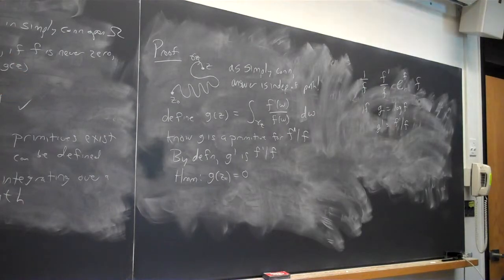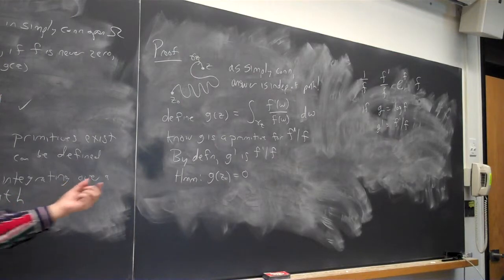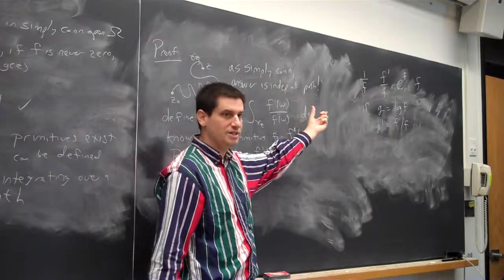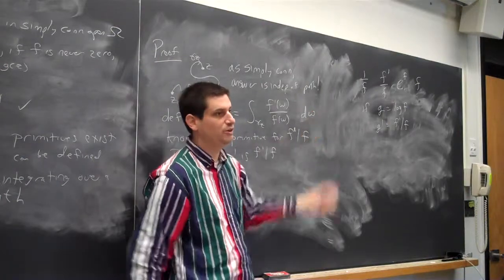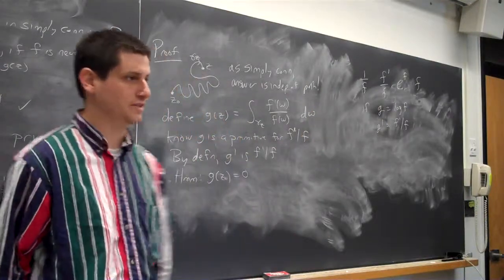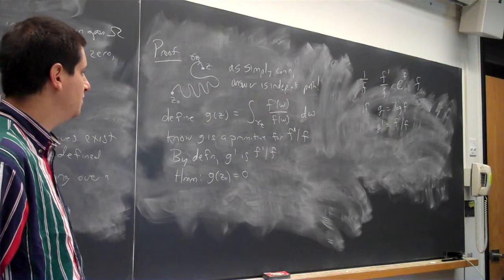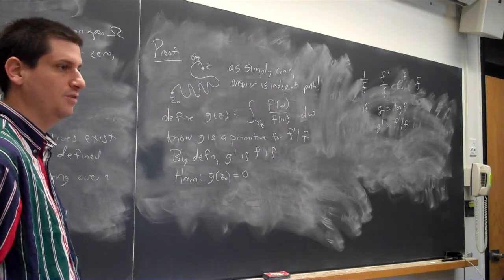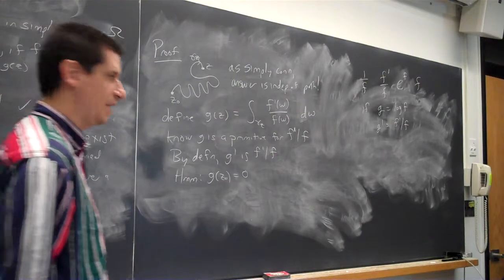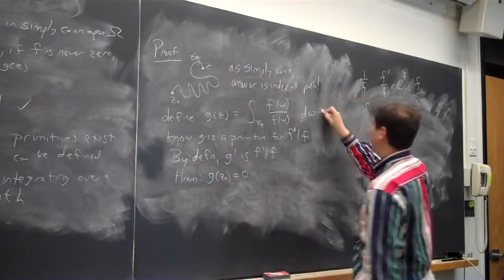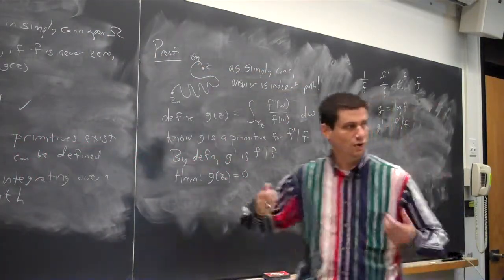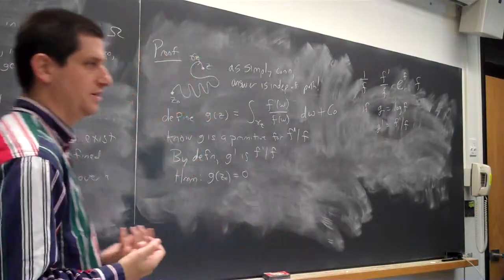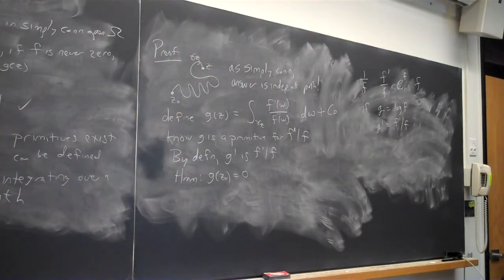If I took logarithms, I would basically want g of z naught to be like the log of f of z naught. This is basically forcing me to choose a function g such that g of z naught is forced to be 0. I don't necessarily want that. So I should fix this. What can I do to this function without destroying the primitivity of g relative to f prime over f? Add a constant. So we can add c naught. And hopefully now you get a sense of why we're adding c naught, because I want to make sure things are going to match at z naught.